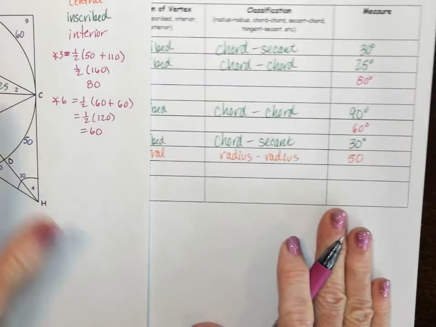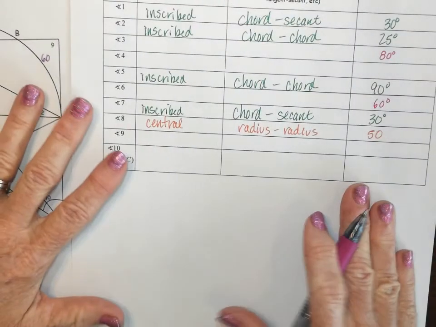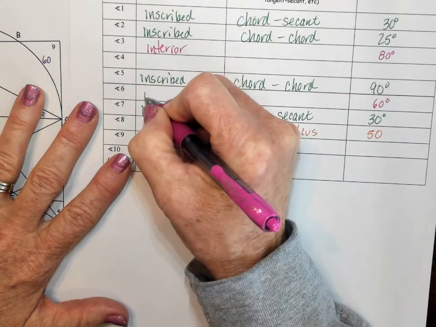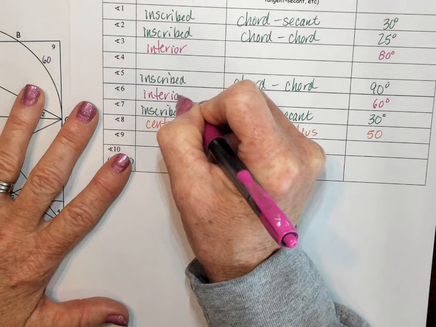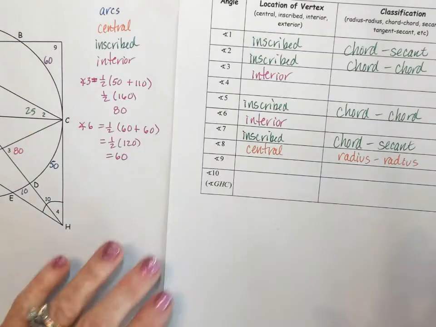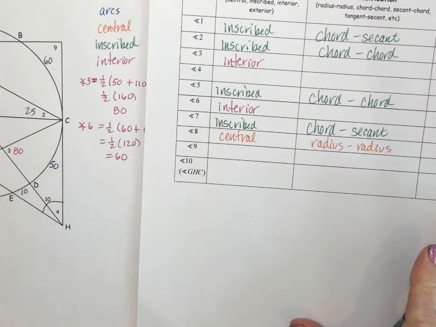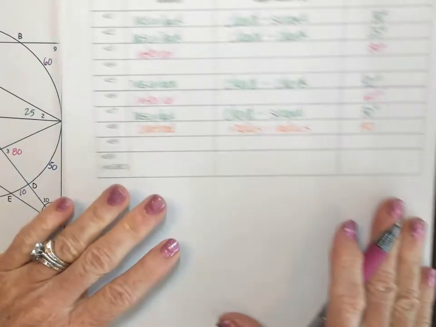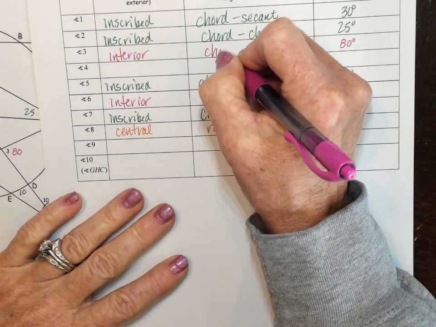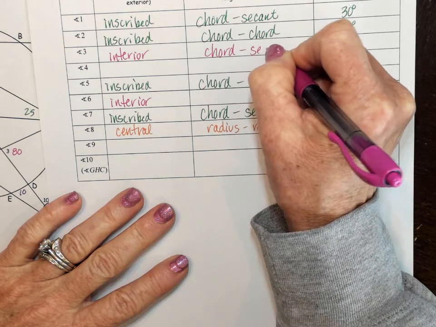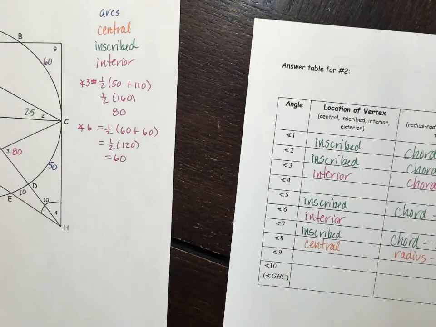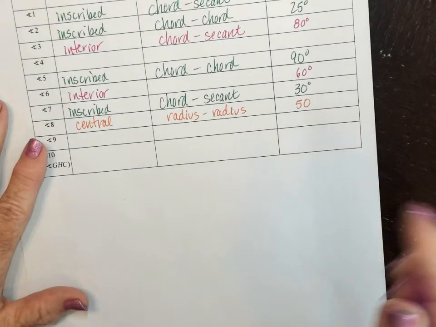I just popped those numbers in over here. And those were interior. And angle 3, formed by a secant and a chord. And 6, secant and a chord.